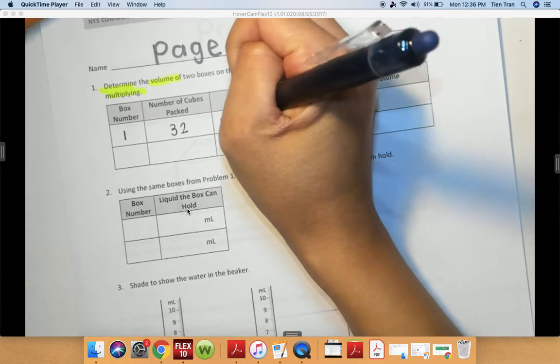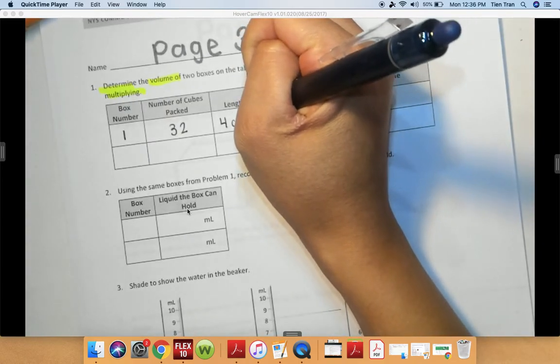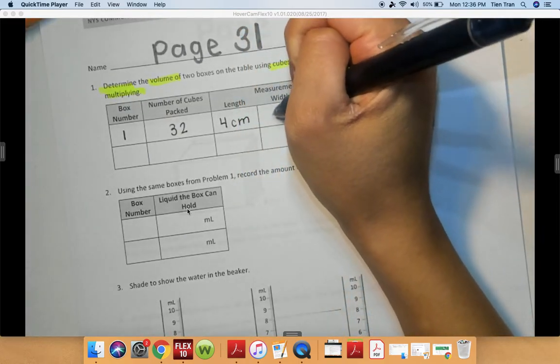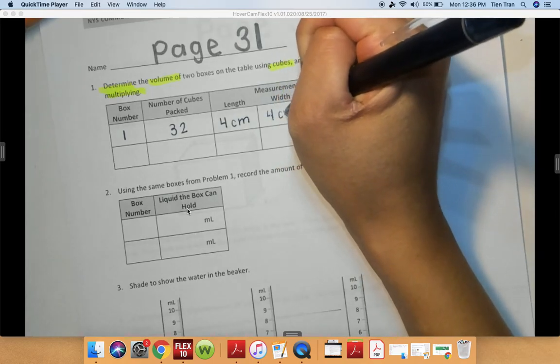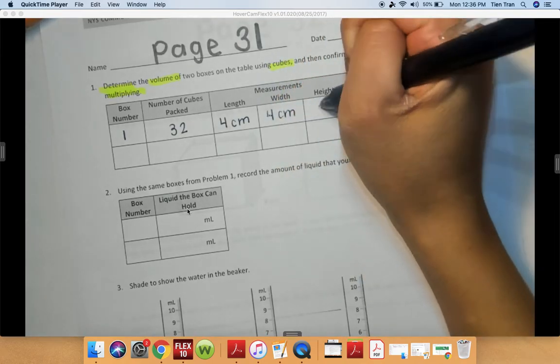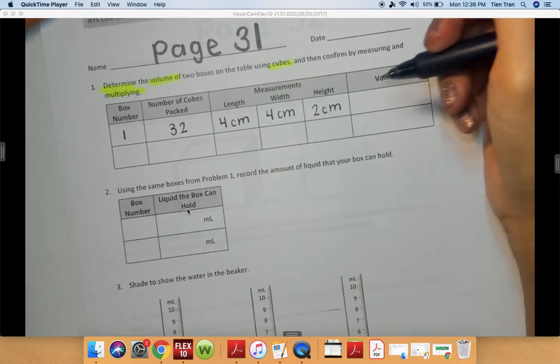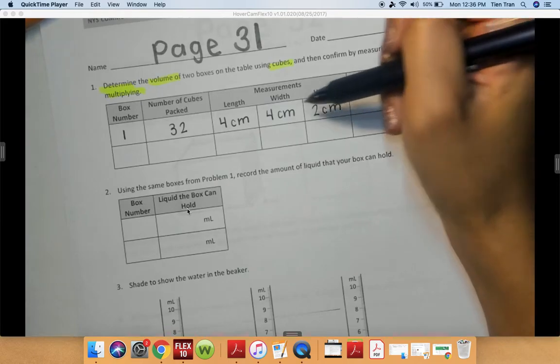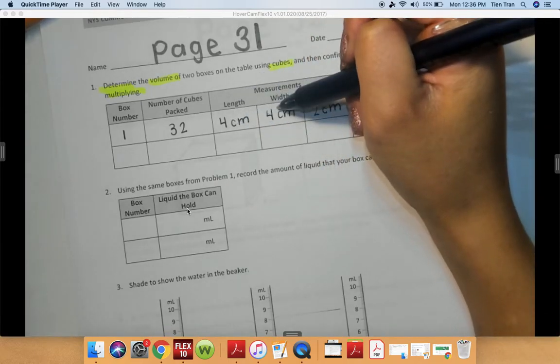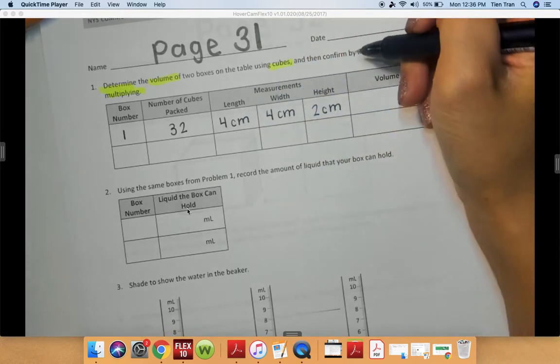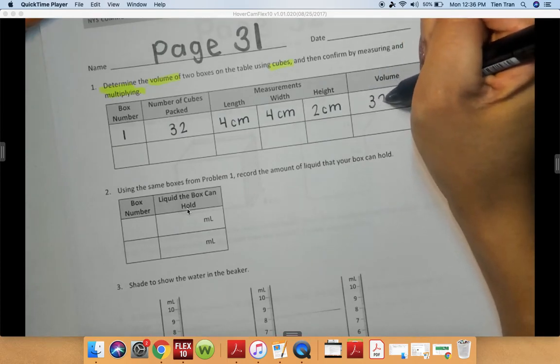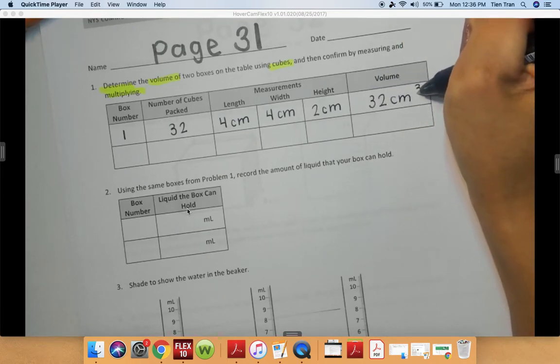Its length was 4 centimeters. Its width, or how wide it was, is 4 centimeters. Its height was 2 centimeters. And now I find the volume. To find volume, I'm multiplying these numbers right here. So 4 times 4 is 16, and 16 times 2 is equal to 32 centimeters cubed.